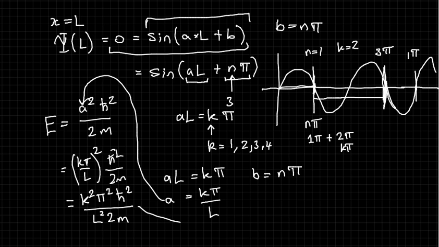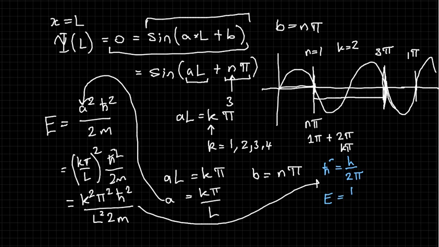So we're going to have A squared, so that's k pi over L, squared, times h bar squared over 2m. So that's going to equal k squared, pi squared, h bar squared over L squared, times 2m.